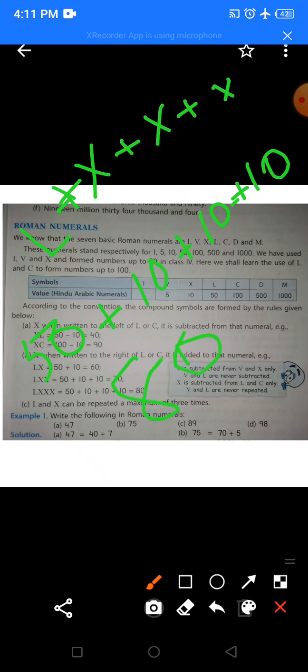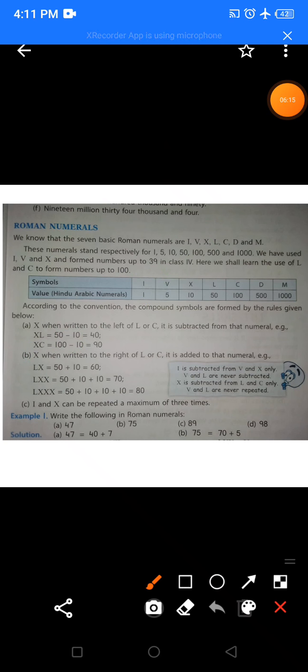Okay children, now there's one more rule. These first two rules you should learn by heart: when the number is written towards its left you will subtract it, and when the number is written to its right you will add it. See, this is the first rule of subtraction. The second rule is of addition.